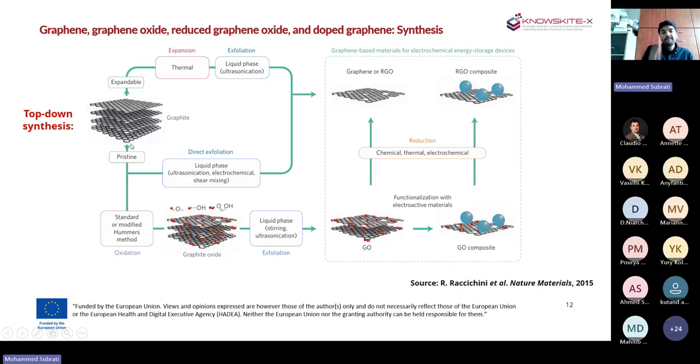As you can see, you oxidize it first, so you break the π-π interaction between the layers. You weaken the lattice structure along the c-axis, and then you exfoliate because you have weakened the π-π van der Waals interactions.